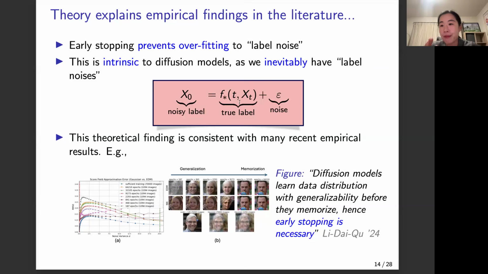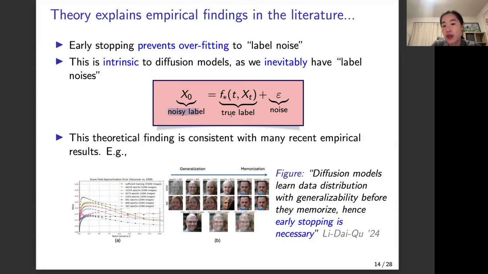And of course, by making this observation, we also have label noise here. That means for diffusion model problems, label noise is something inevitable. It comes with the nature of the problem, and we do need early stopping to prevent the neural network from overfitting to label noise.